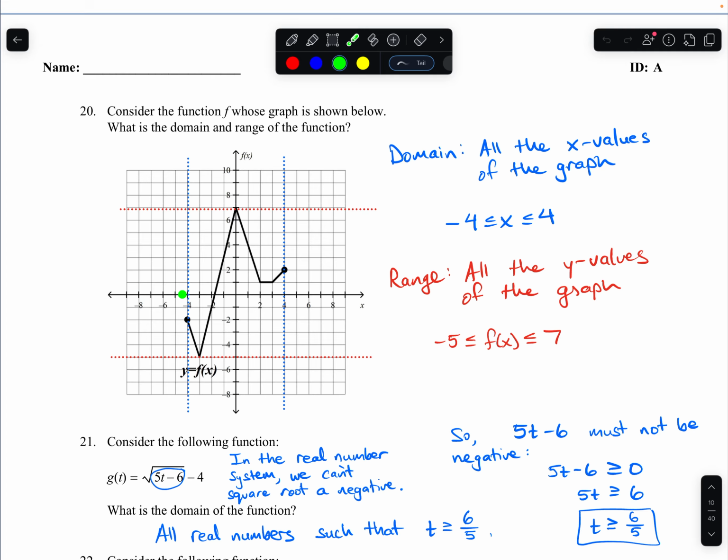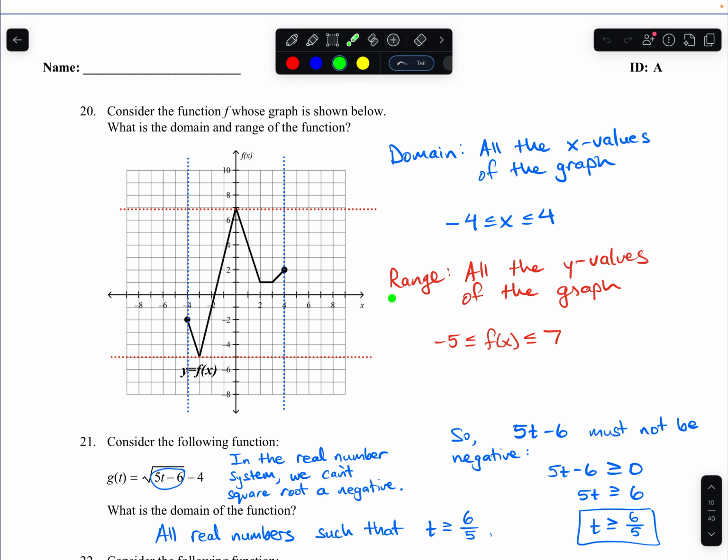The lowest x value I can put into this function and get an output would be negative 4. And then this function is defined for all these x values all the way up to 4. But then after that, I can't tell you what f of 5 or f of 6 or f of 7 is. So our domain is that x has to be between negative 4 and 4.